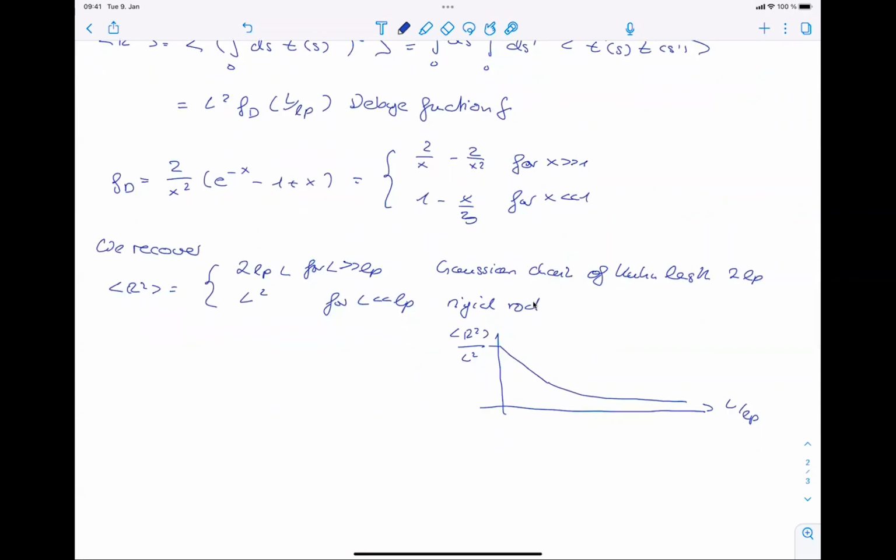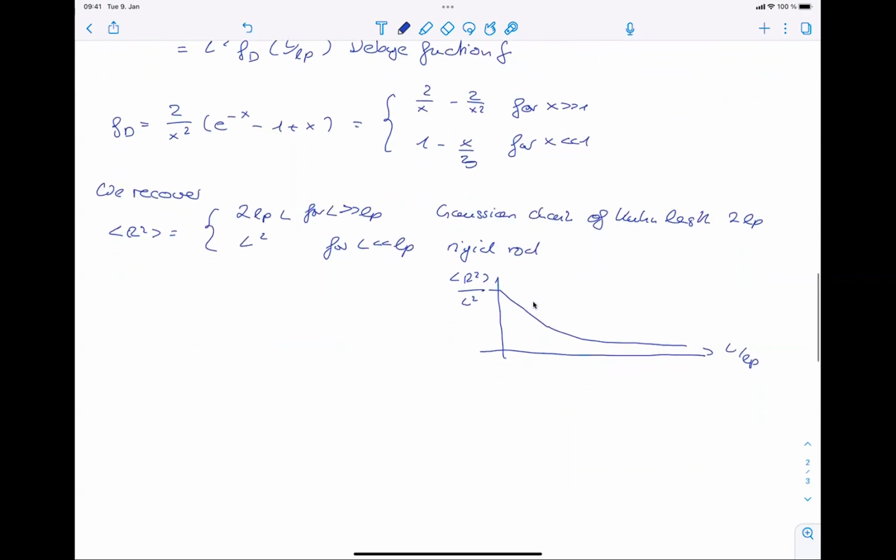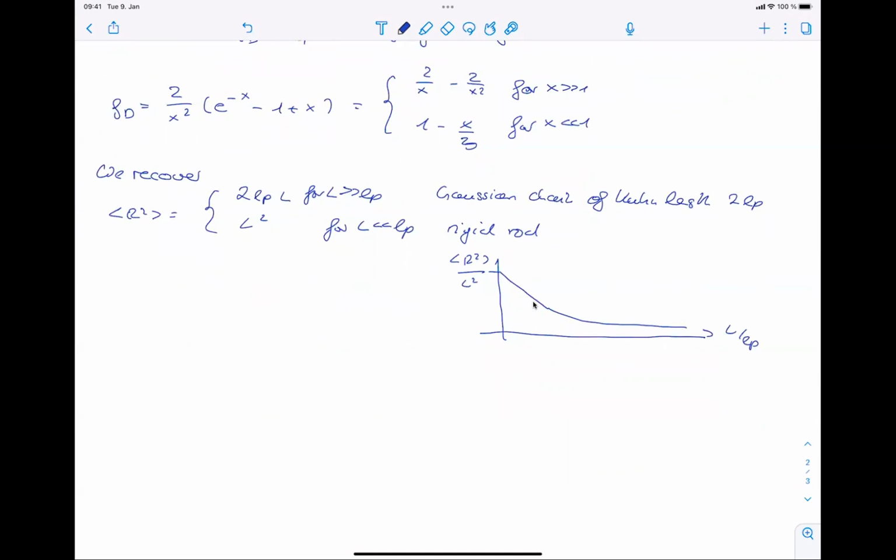Typically, actually, in the context of semi-flexible polymers, the end-to-end distance is not the primary choice because experimentally, what is easier to assess is the radius of gyration, which is a purely geometric measure, but in a sense is a little bit related to the moment of inertia.